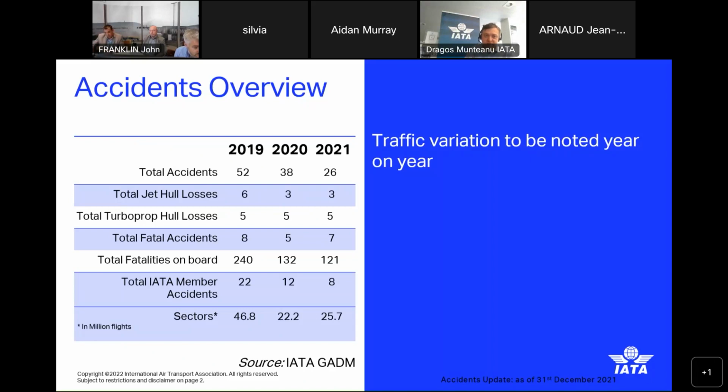And it's interesting to see the perspective between hull losses in the jet environment and the turboprop environment. Those are almost equal, in fact, and sometimes turboprop hull losses are more than jet hull losses, and this is an area of interest and attention from our side, since we know the turboprops in terms of numbers are much less than the jets flying.